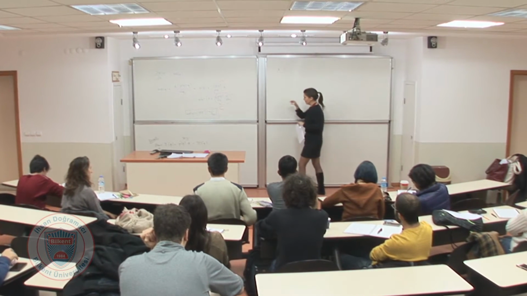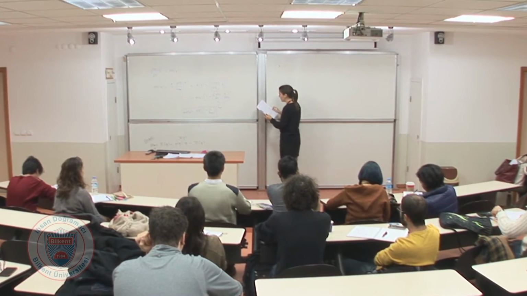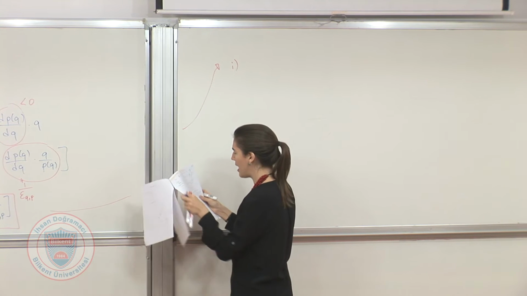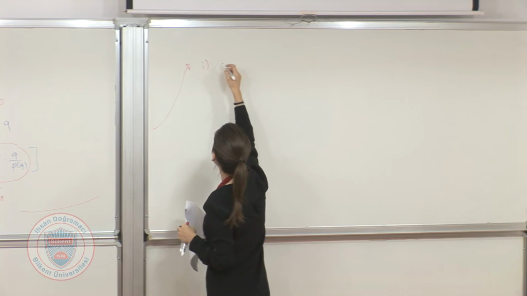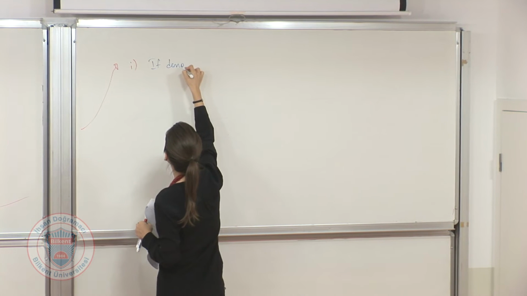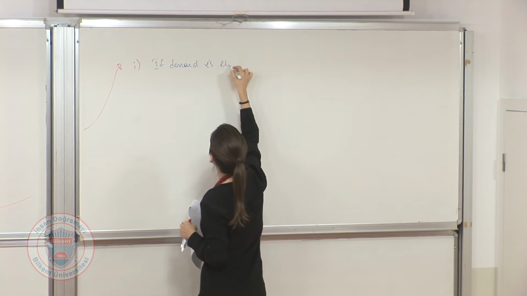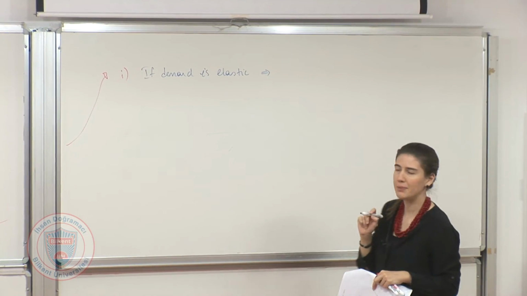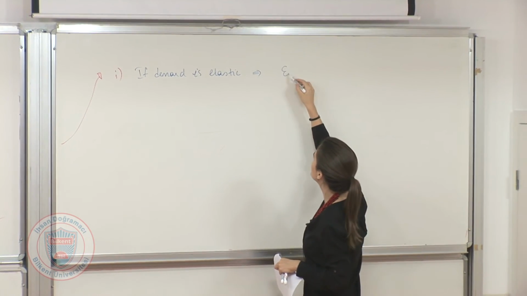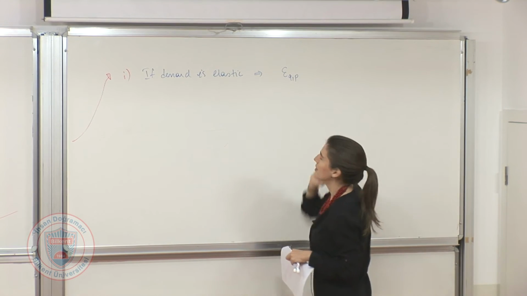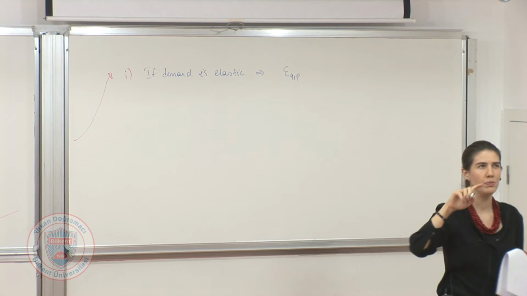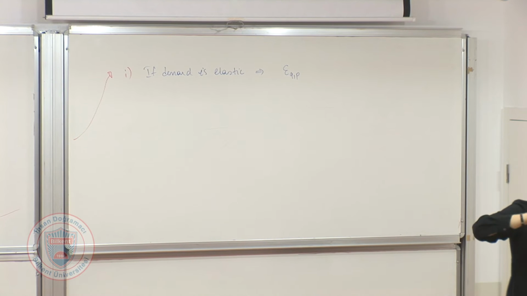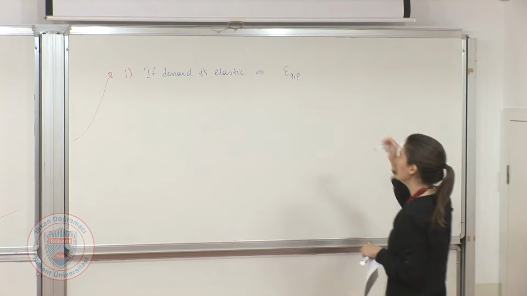So now let's look here. Suppose demand is elastic, then what's going to happen? What does that mean? If demand is elastic, what is this guy? It should be a number like -2, -3, right?